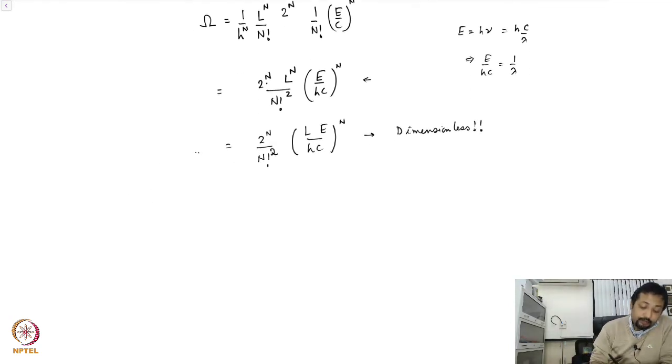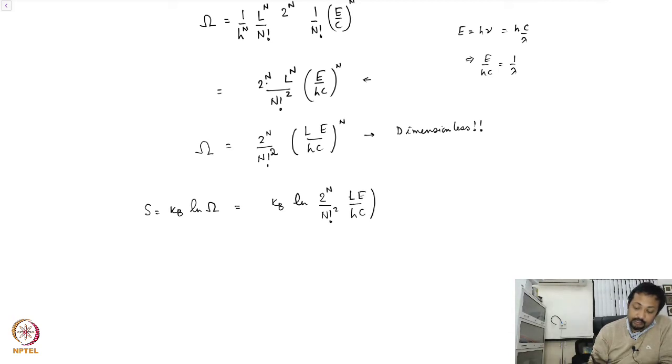So the entropy, the direct route is now to the entropy, which is going to be k_B ln omega, and therefore I have k_B ln of 2 to the power n over n factorial square, L times E over hc raised to the power n.